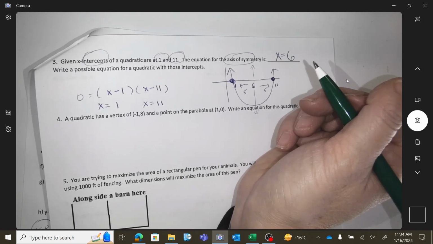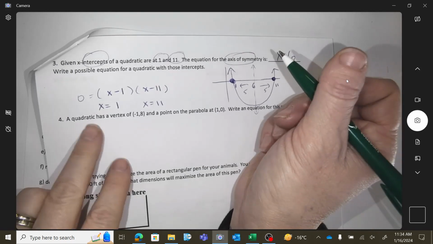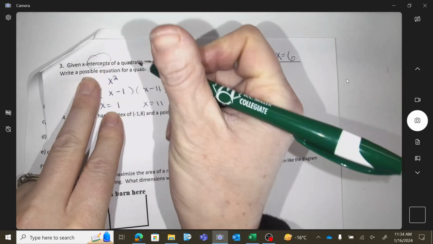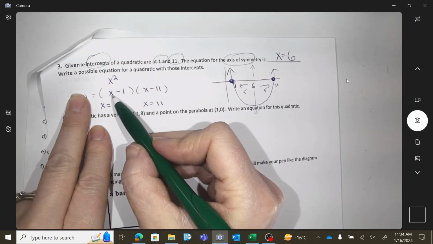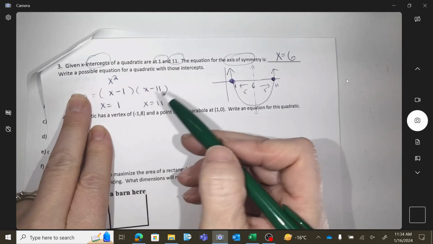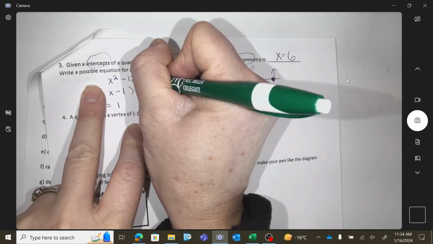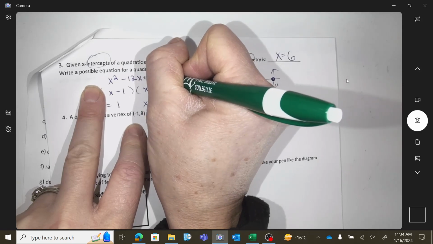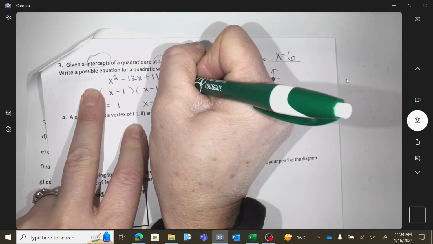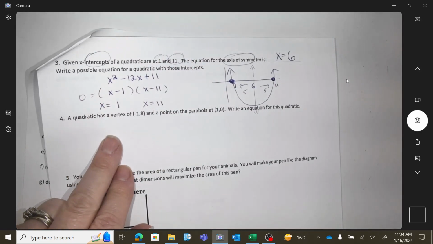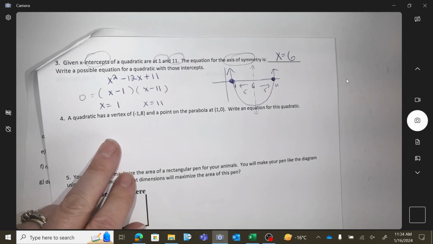Okay, now I want you to FOIL that out. So x squared. What do the numbers add to in the middle and multiply to at the end? What do they add to? What do they multiply to?